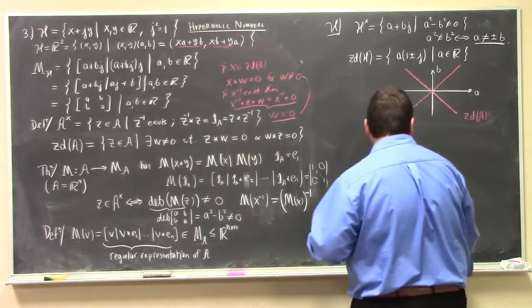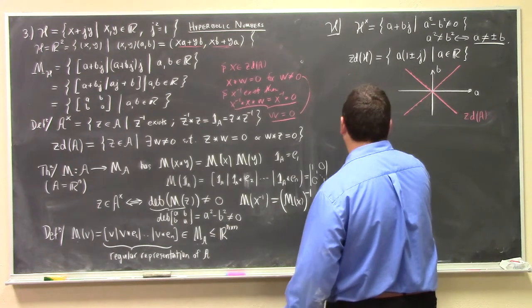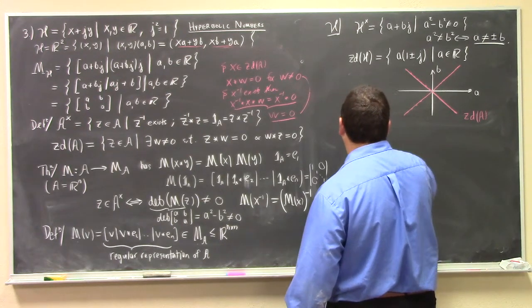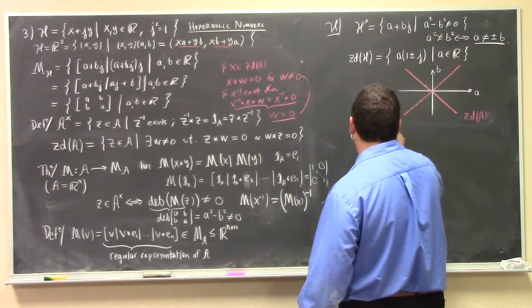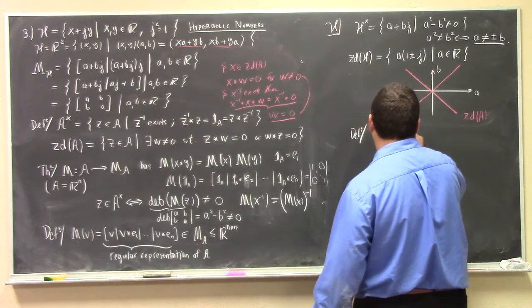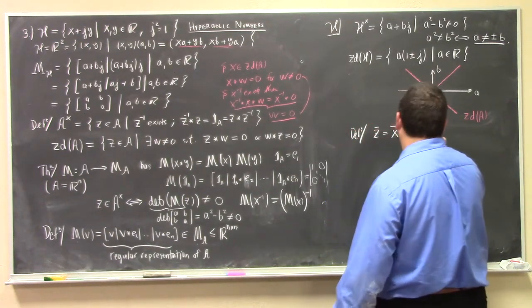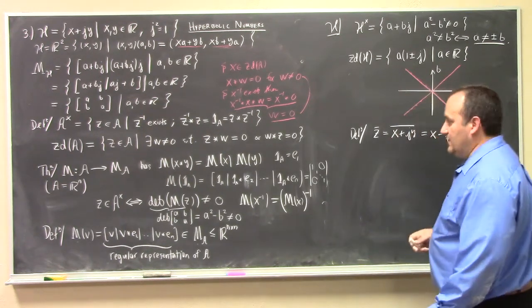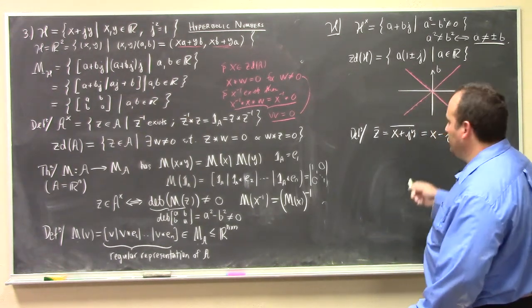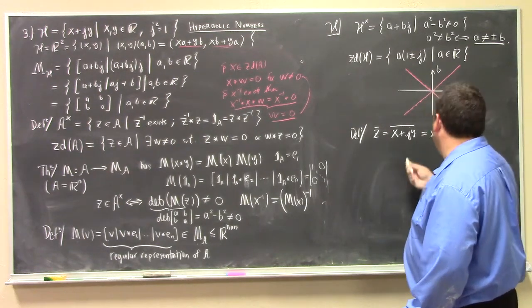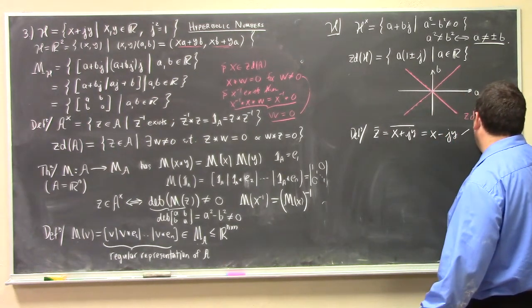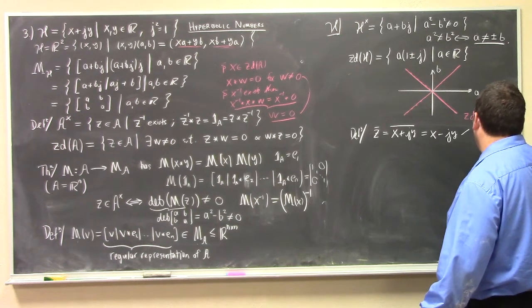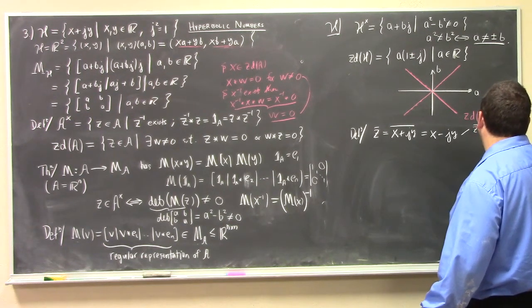You can define z bar equal to, let's say, x plus jy bar. It's x minus jy. And this conjugation of the hyperbolic numbers satisfies certain properties, like z plus w bar is z bar plus w bar.